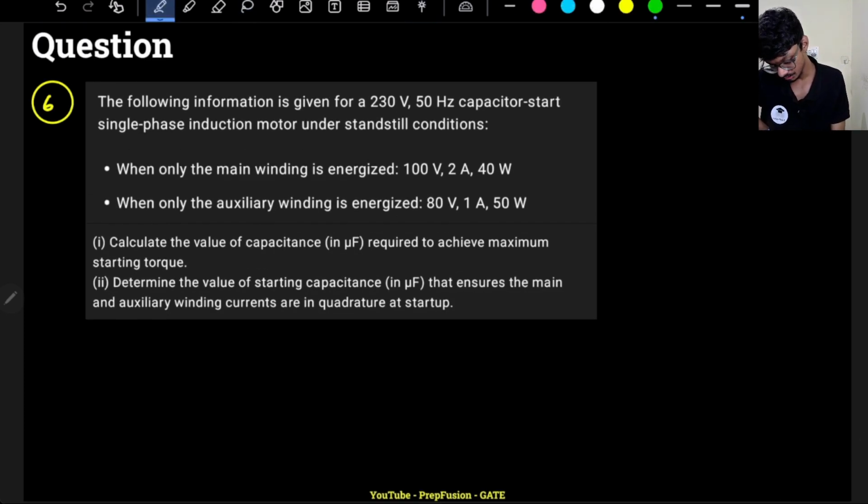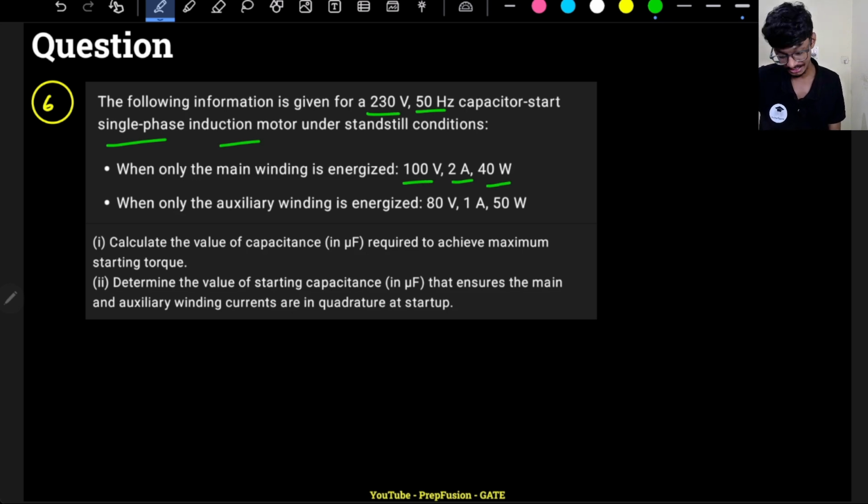A 230 volt 50 hertz capacitor start single phase induction motor under standstill condition is given, right? So when only the main winding is energized, it is 100 volt, 2 ampere, 40 watt power it is consuming.